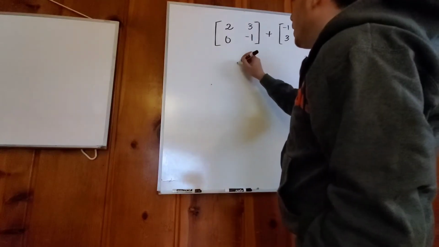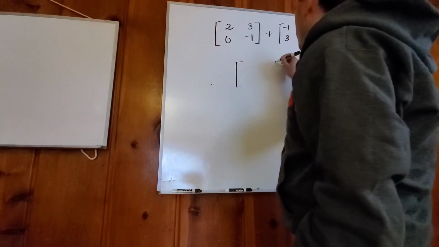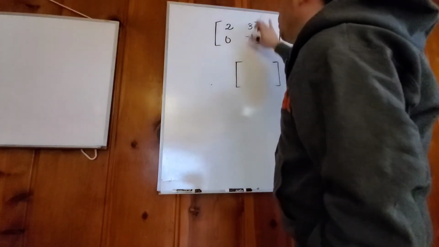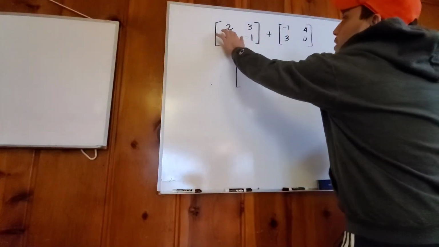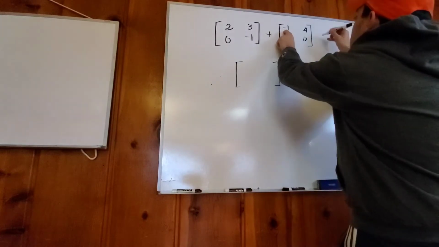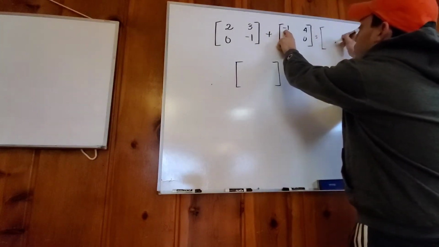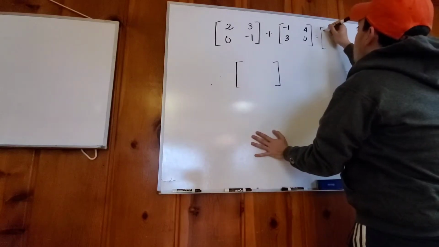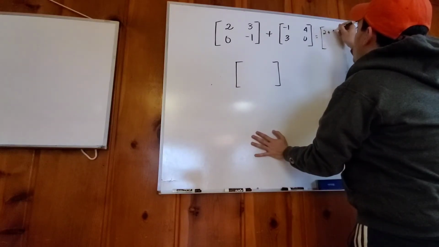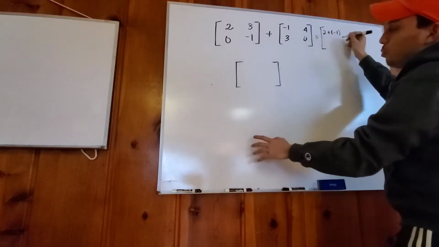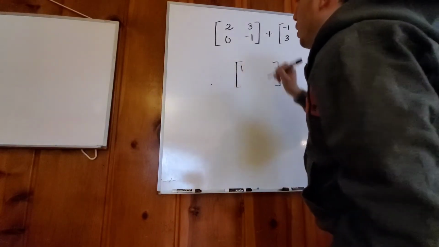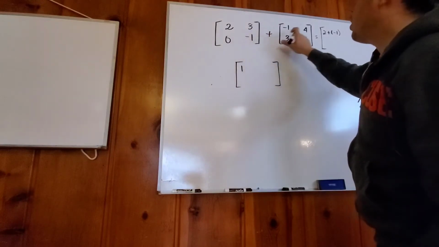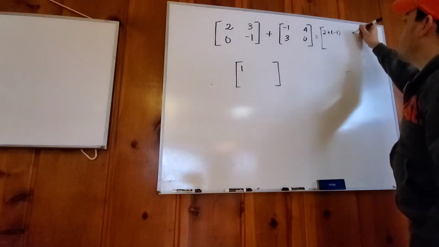So what we have to do then is add. The answer to this problem is again going to be a 2 row by 2 column matrix. So we're going to add 2 plus negative 1. Over here I'm going to write the process, but over here I'm going to write the answer. 2 plus negative 1 is going to be 1, because 2 minus 1 is 1. And then we're going to add 3 plus 4. Whoa, 3 plus 4, crazy.